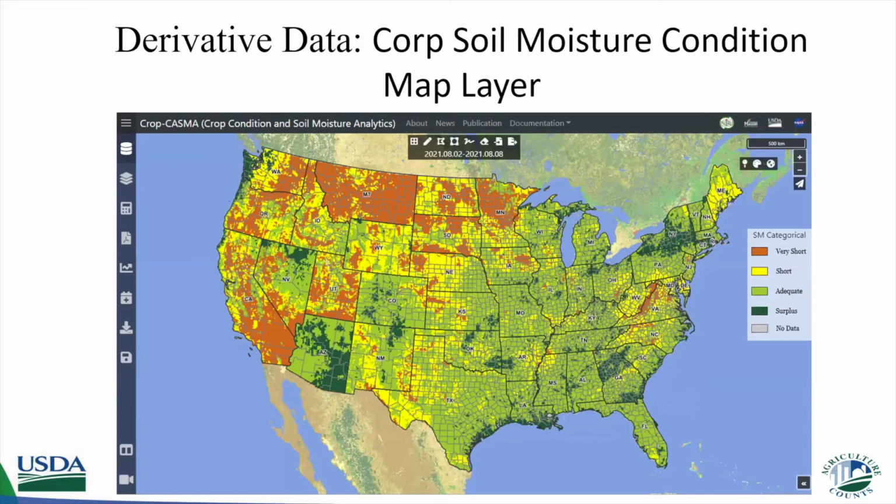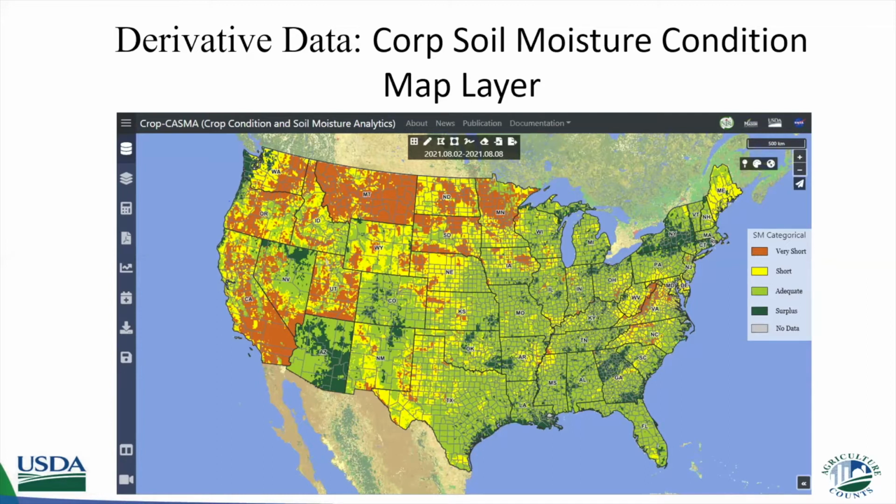Another major derivative data is the crop soil moisture condition map. This is data we cannot get directly from the soil moisture map alone.